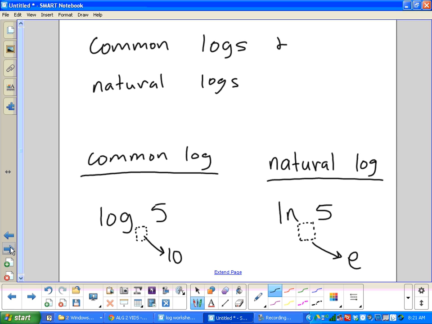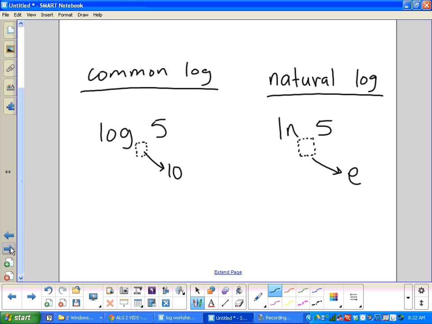Okay, and e is an actual number. It comes from a man whose name was Euler, which is spelled like this. So that's why we call it e. We named it after him, and it's an irrational number like pi. There's a poster in the back of our room, a green poster by the cabinet, that you can take a look at.